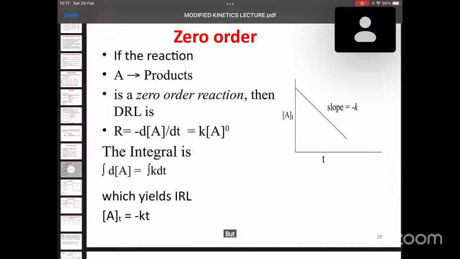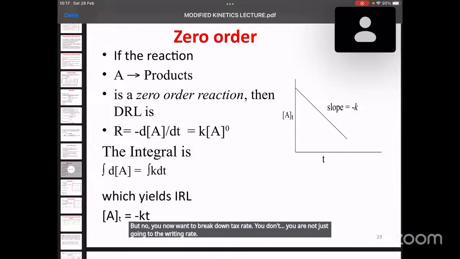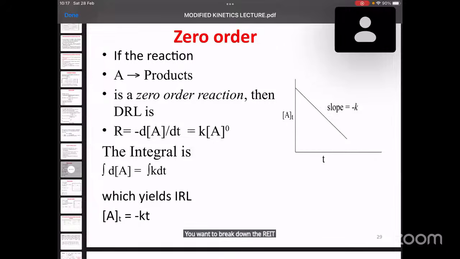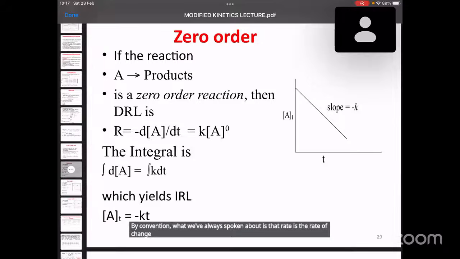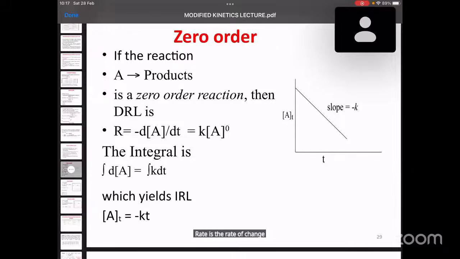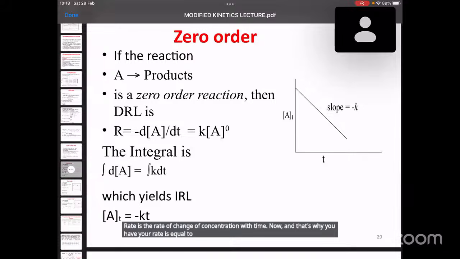But now, you want to break down that rate. You are not just going to be writing rate. And remember, by convention, what we've always spoken about is that rate is the rate of change of concentration with time. That's why you have rate is equal to minus dA/dt.